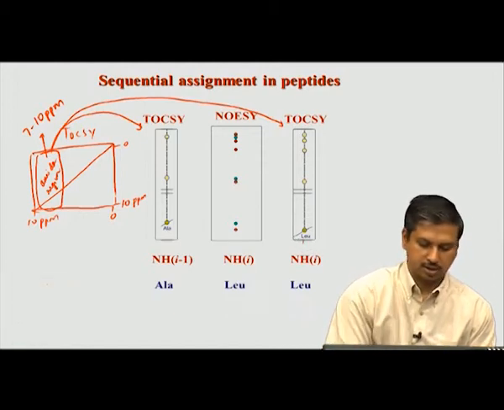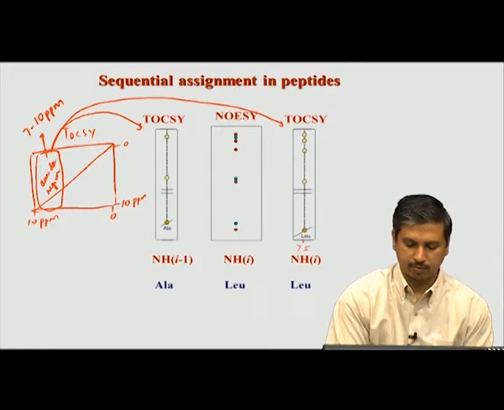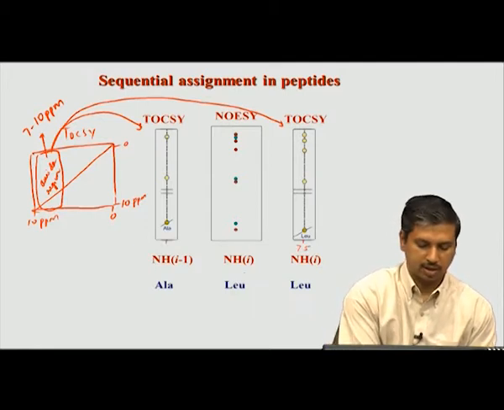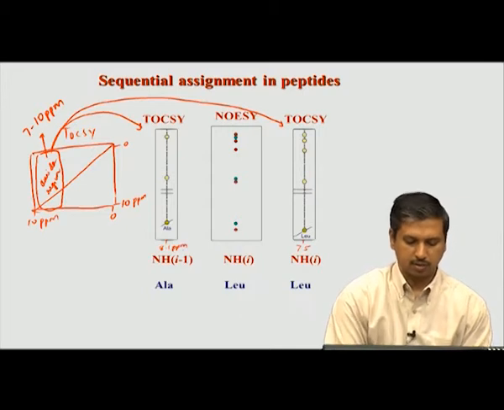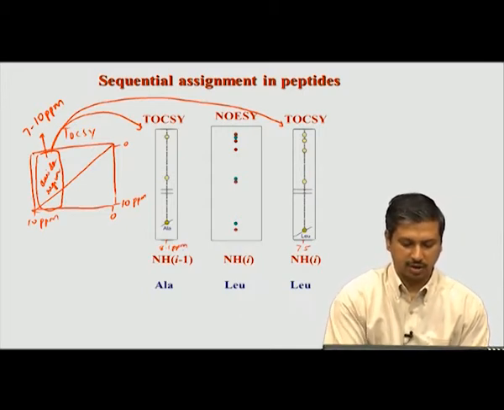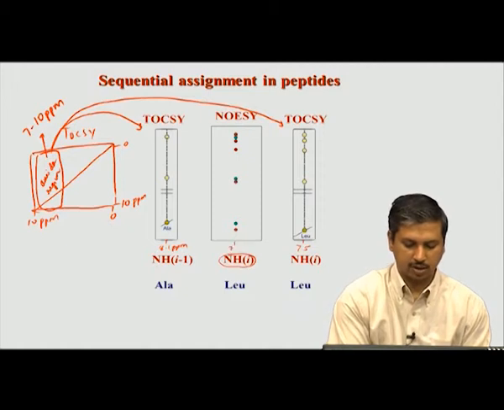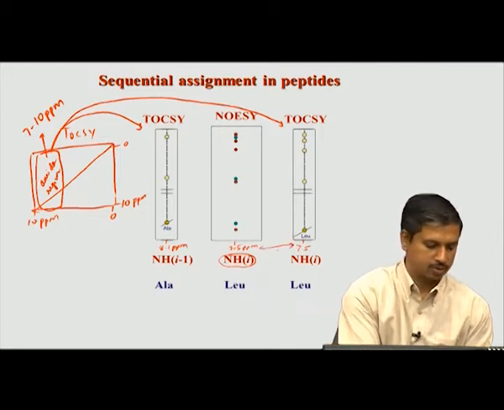Let us say that this is 7.5 ppm, and let us say this is 8.1 ppm. So, this is the amide chemical shift. Now, this particular region we are looking at is 7.5. So, this is the same as the leucine.